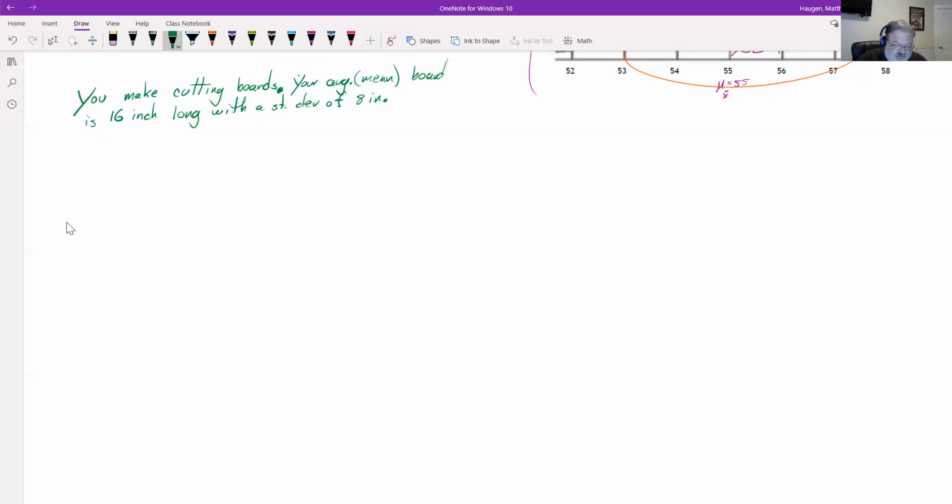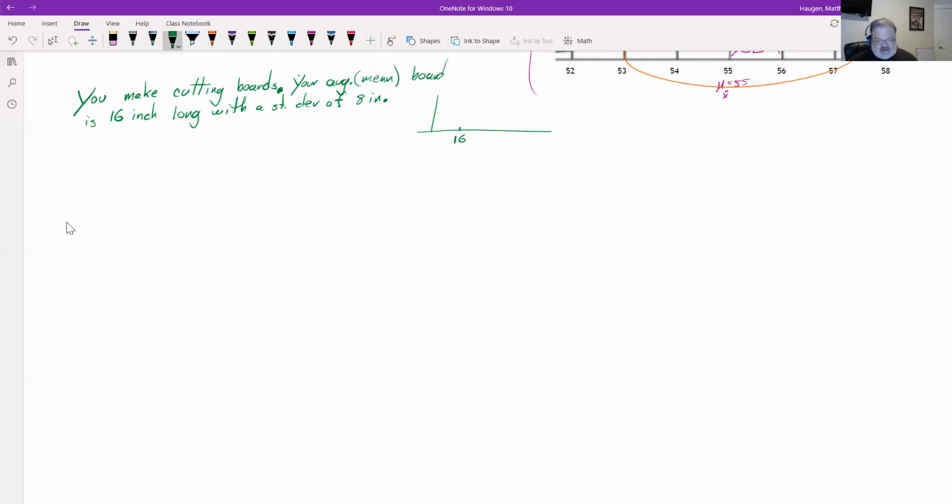So I want to stop there for a second. What we're describing here is a population, the population of cutting boards you make. We know the average cutting board is 16 inches long, with a standard deviation of 8 inches.